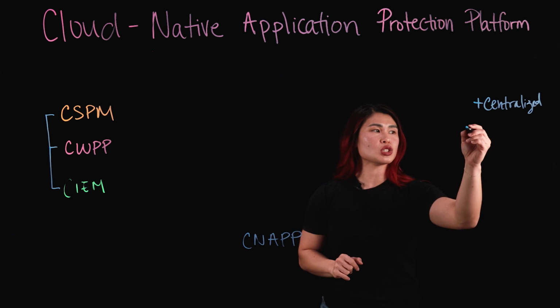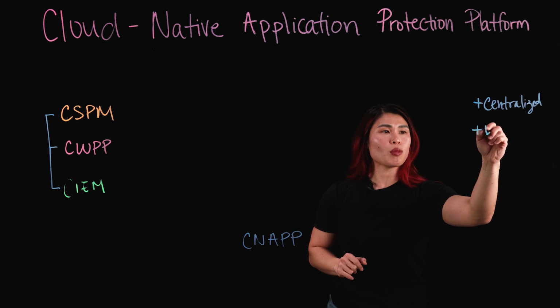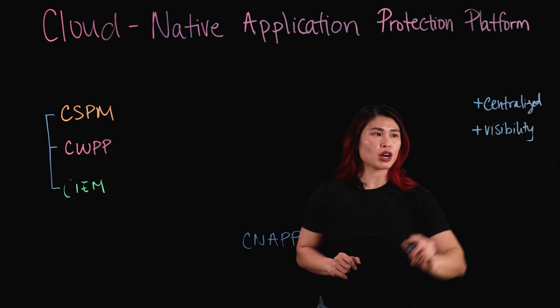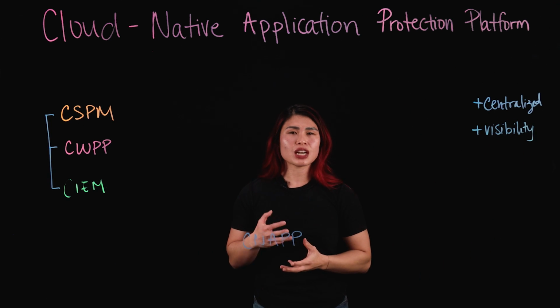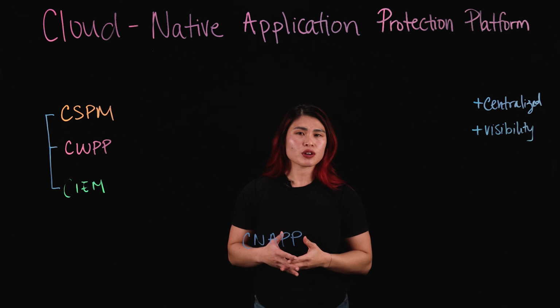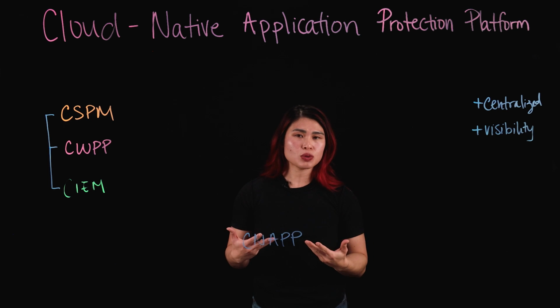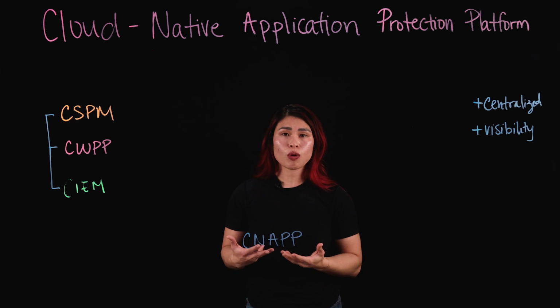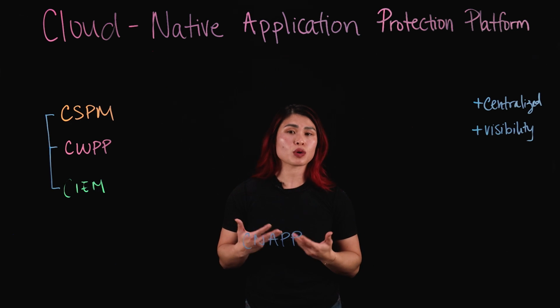This can also lead to the ability to have more insights and visibility into your cloud environments, so that way you can really understand where your workloads are and how are they doing against security requirements that either your organization sets or that regulatory frameworks are requiring.